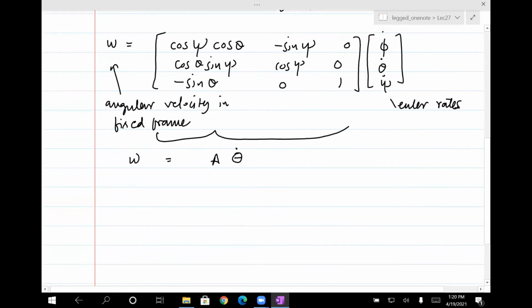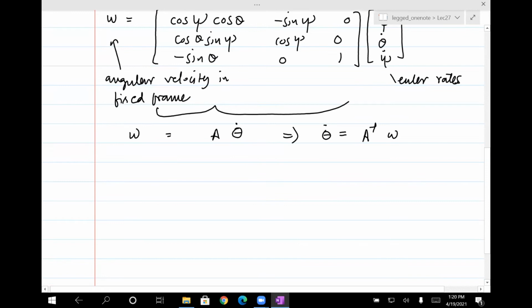Given the Euler rates, you can find the angular speed. If you do the opposite, finding the Euler rates given the angular speeds in the fixed frame, you have to compute A inverse times omega.